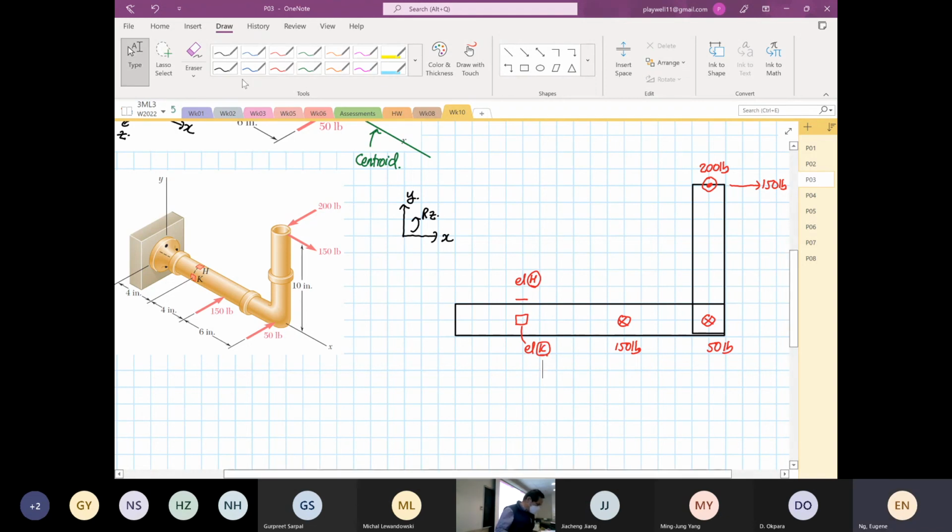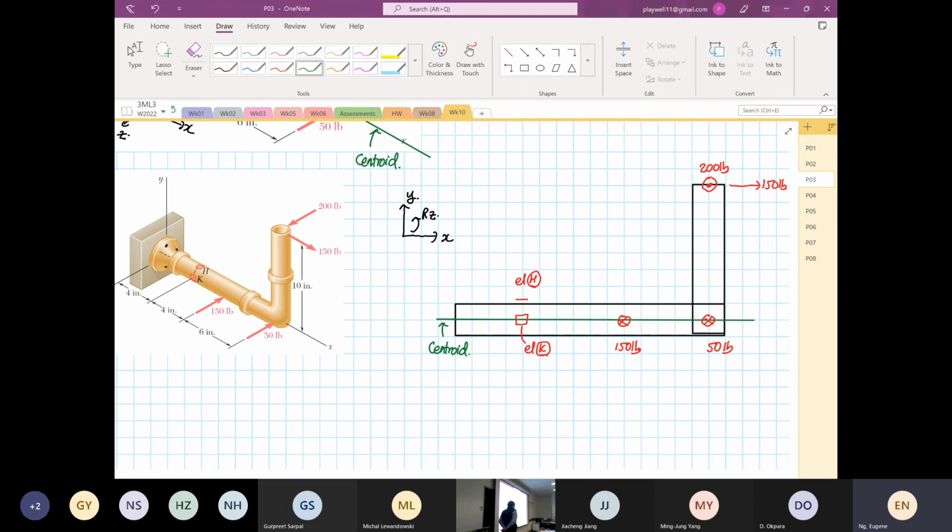Then from here, we draw the same centroid.